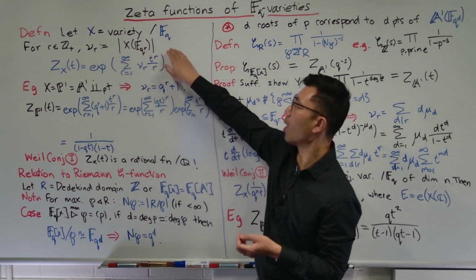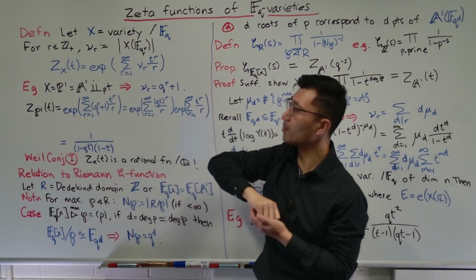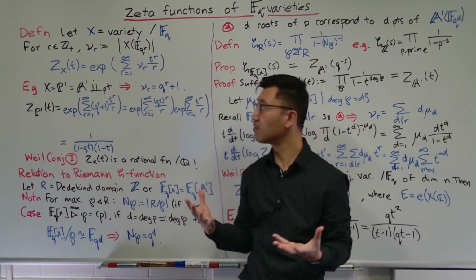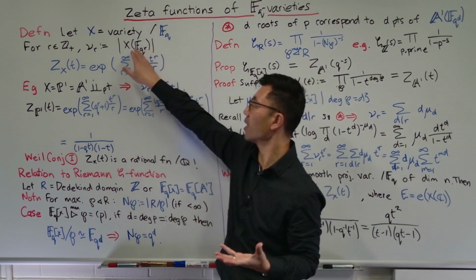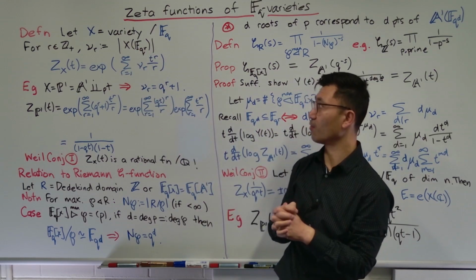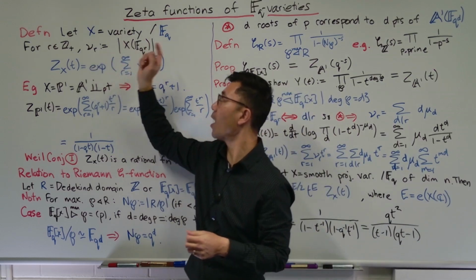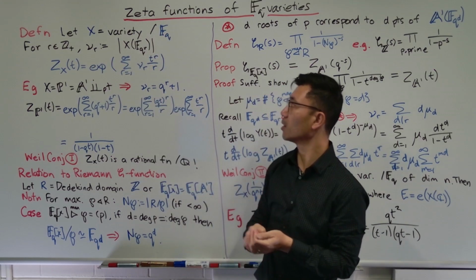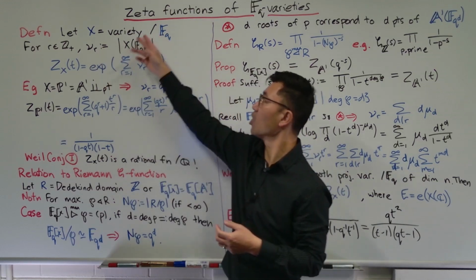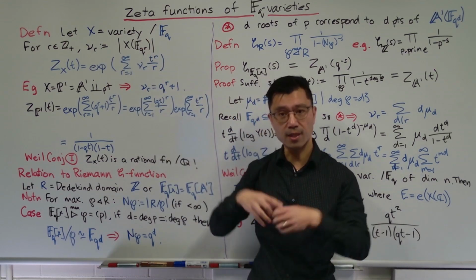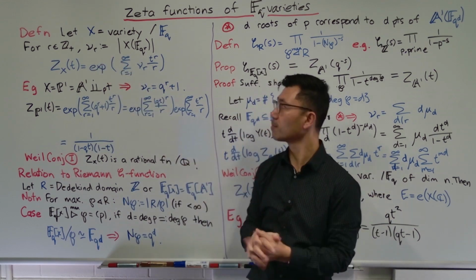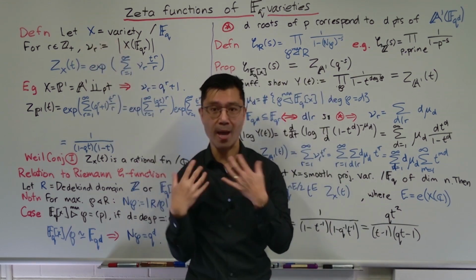The number of solutions will be finite, because even if you're looking in either affine or projective space, with entries in a finite field, there can only be finitely many of them. So we're going to let nu_r denote this number. Of course, this is going to be an increasing function. As you increase r, you're increasing the size of the field, so you can get more and more solutions, and you want to see basically how that grows. So this is the data that I want to package.